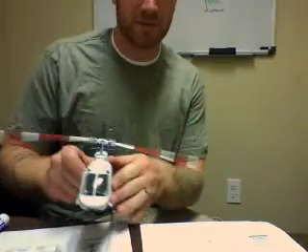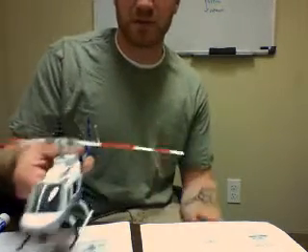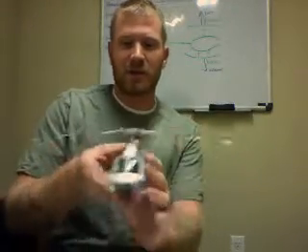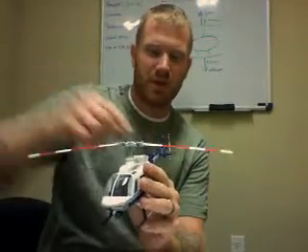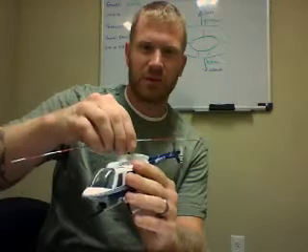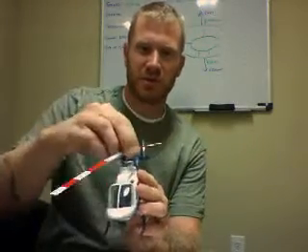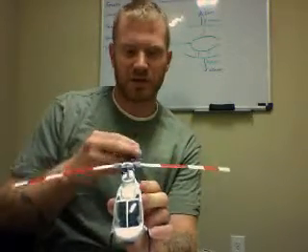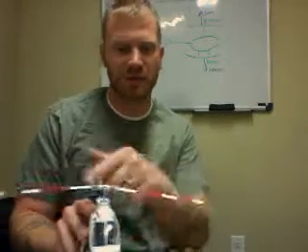And translating tendency: as we learned before, the tail rotor's primary function is to counteract torque. Here, I'll tilt this up a little bit. As the rotor blades rotate counterclockwise, the aircraft wants to spin in the opposite direction. The tail rotor produces thrust to counteract that torque, and it also provides enough thrust to actually move the helicopter sideward, in this case to the right, or towards the advancing side.